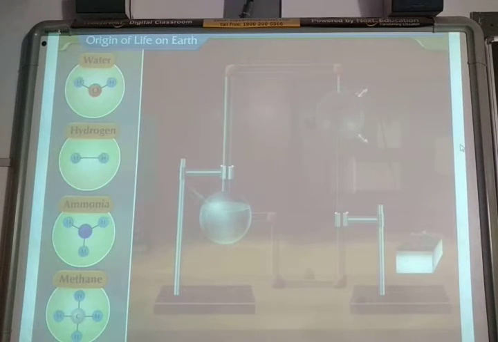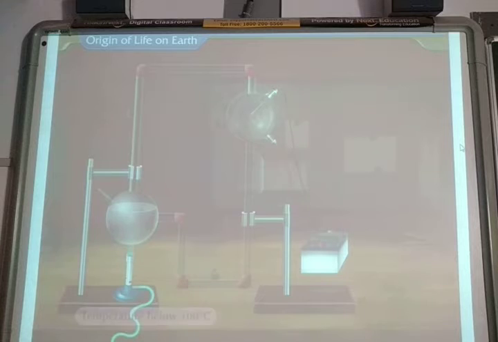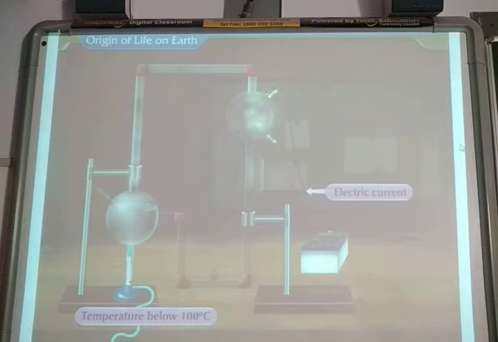The gases they used were methane, CH4, ammonia, NH3, hydrogen, H2, and water, H2O. They maintained the system at a temperature just below 100 degrees Celsius. They ran a continuous electric current through the system to simulate lightning storms.